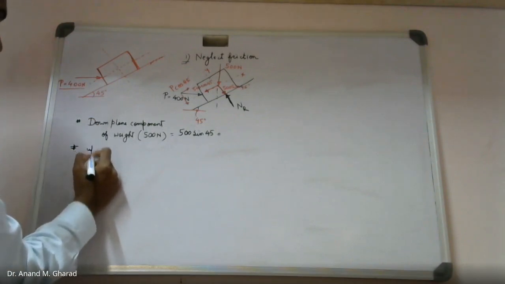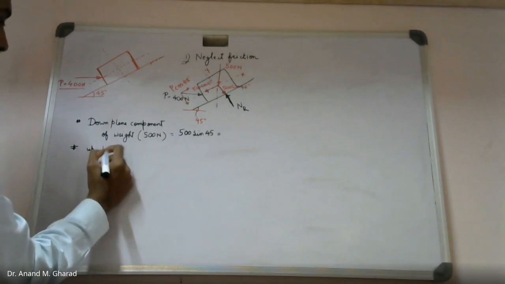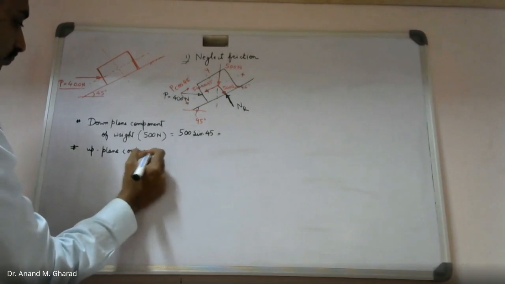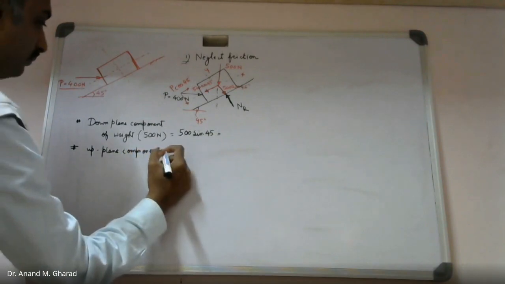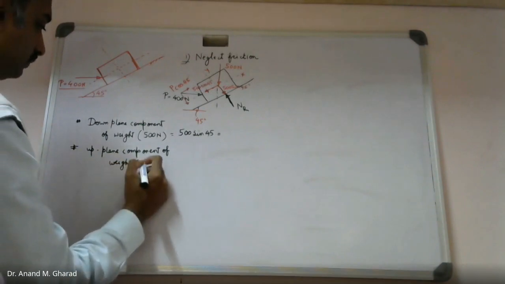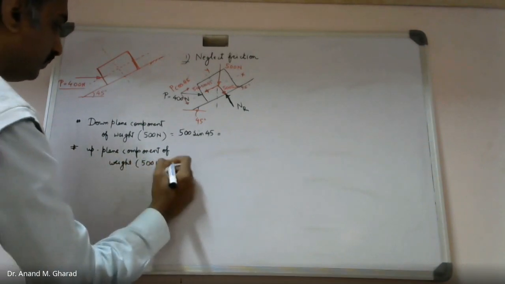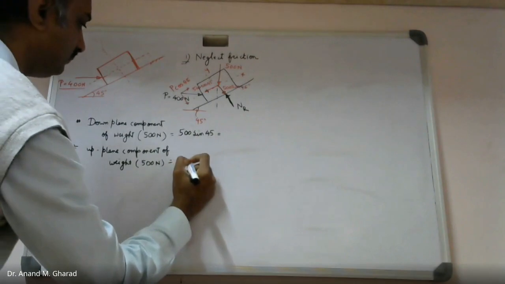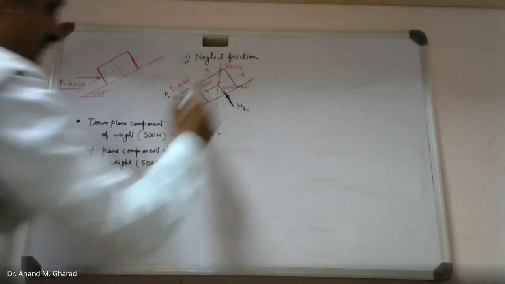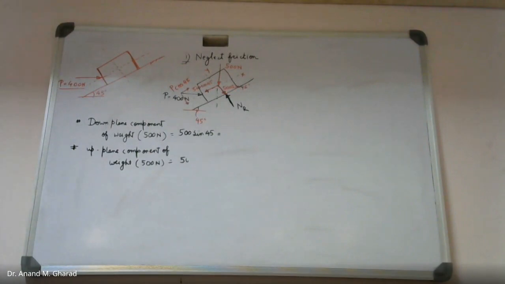And similarly, the up-plane component of the weight, which is 500 Newton. How much will be the up-plane component? 500 cos 45? No, how come? It is in the upward direction. What am I saying? Up-plane component.